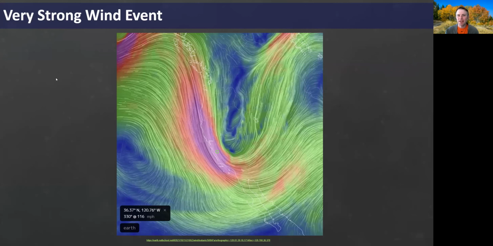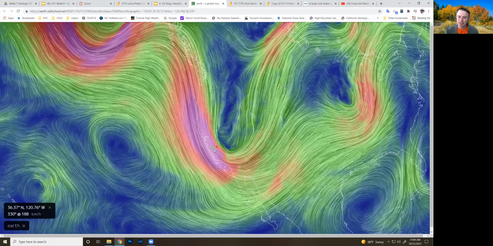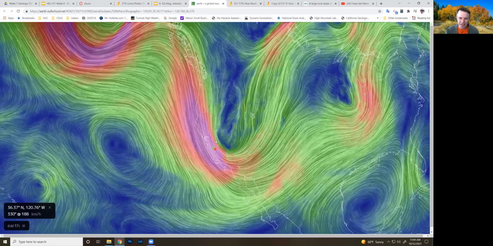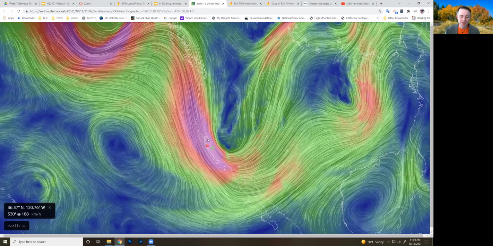Well, yesterday, holy moly, that was a crazy strong wind event. Basically it happened through what we call an inside slider, which is a low pressure system that comes in from Canada and drops its way down. What you're seeing on this map is what it looked like yesterday, right around this time. The jet stream was flowing right over the top of Northern California.